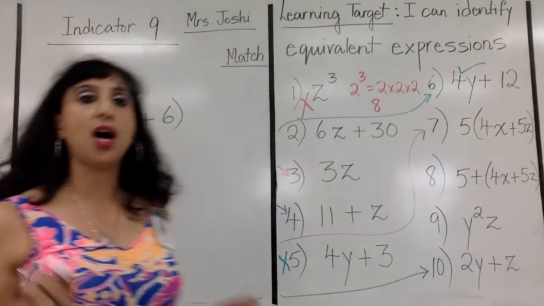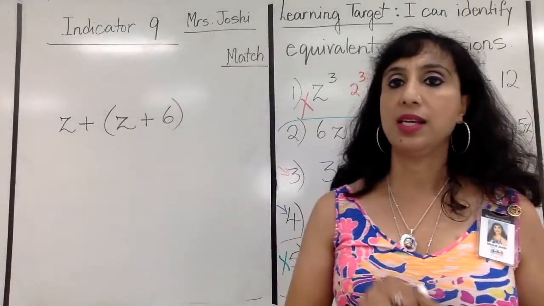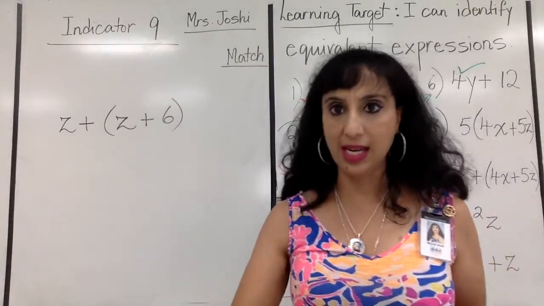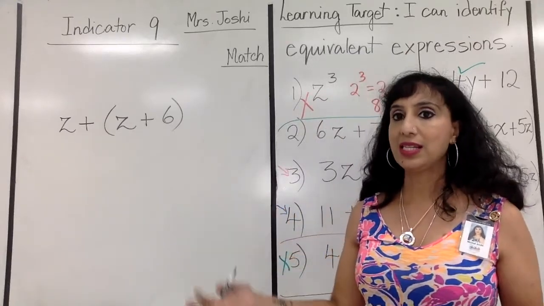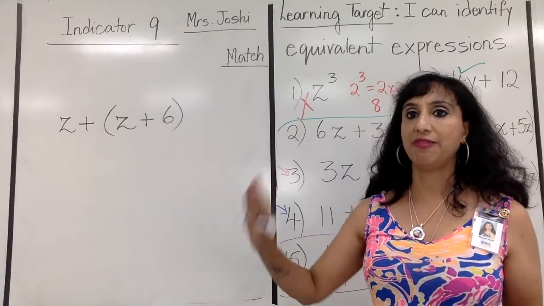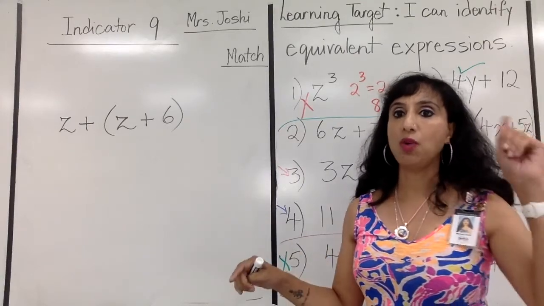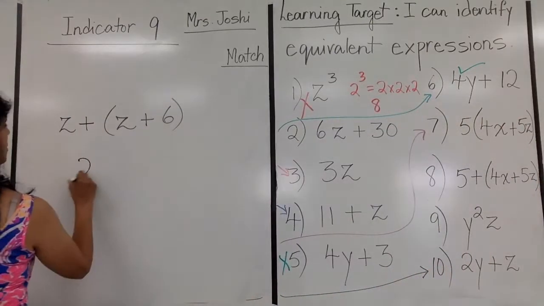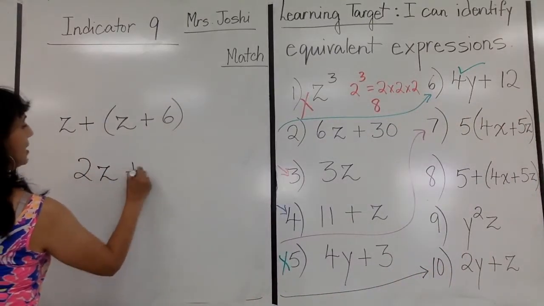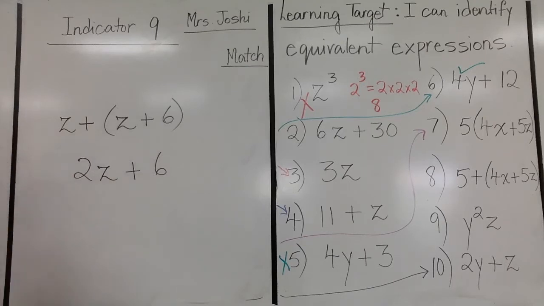Again remember, it is not z squared. It is not z times z. It is z plus z. So those are the like terms over here. The number is unlike from these. So z plus z, 1z and another z gives me 2z plus 6.